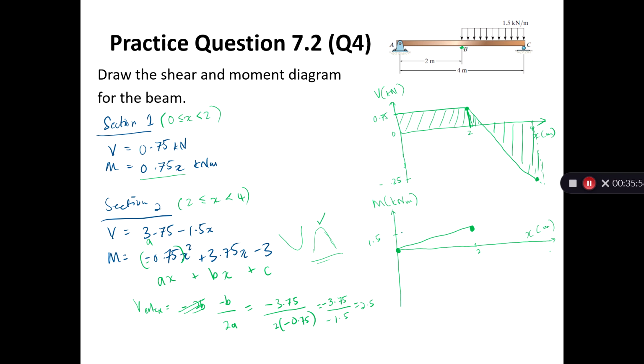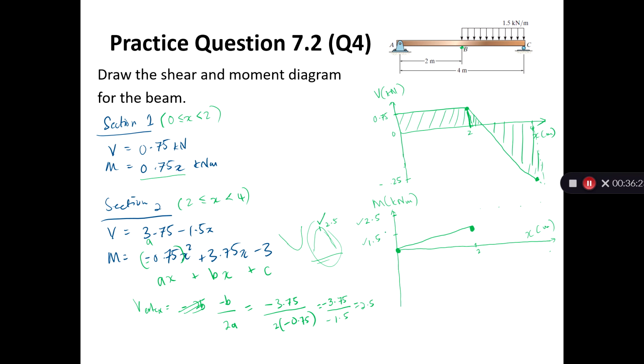Okay, so we know it looks like this. So this peak is at 2.5. Let's just say it's somewhere there. This is very important to label, yeah? So that's the peak. We still don't know whether it's here or here or here, but at least you know that this is the maximum part of the curve.